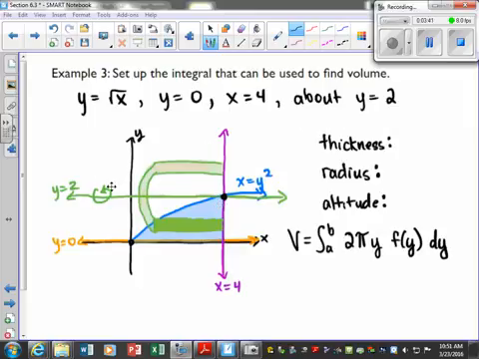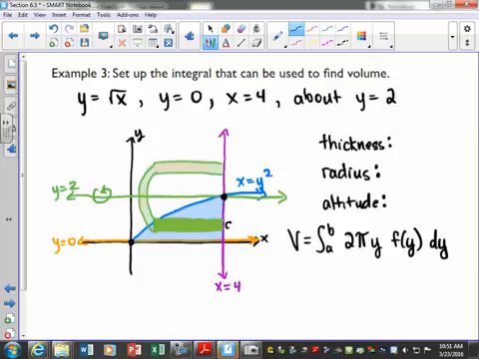So first thing I do is I remind myself I'm working with shell method, so I need parallel to the axis of revolution. That tells me I'm going to be working with the dy region. My thickness is dy. Since it's dy, my volume will be represented in terms of y values.